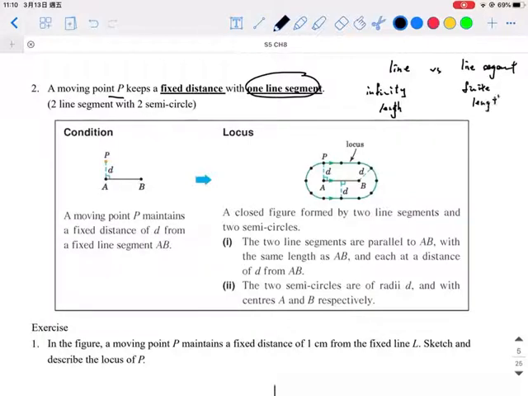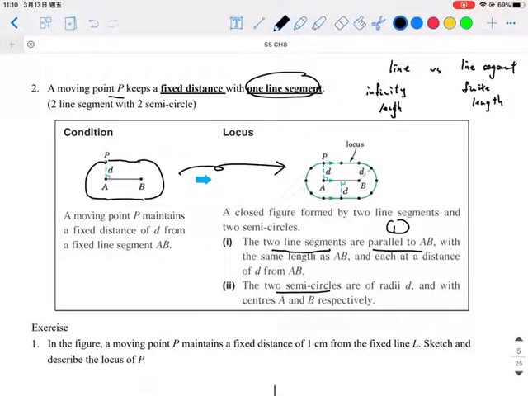So we have the length here. If the moving point P keeps a fixed distance with a line segment, we still have a parallel line here, but after that you have a semicircle here, just like this one. How to describe it: the first point is two line segments parallel to AB, and the second point is two semicircles with radius D.